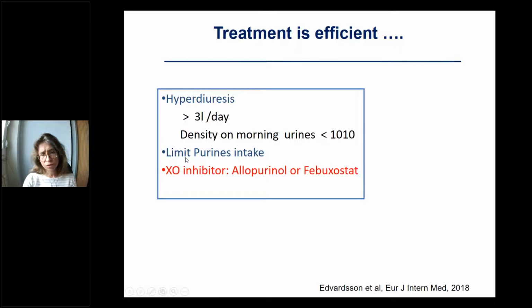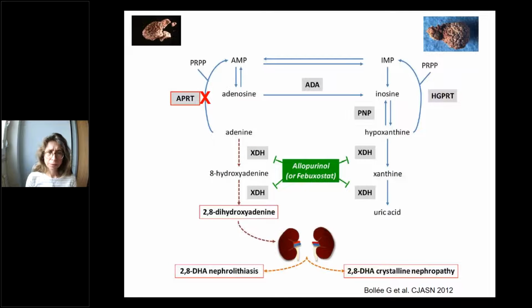Second step is to try to limit a little bit the purines intake. And then the pharmacological treatment is allopurinol, and maybe more recently, but more active, is febuxostat. Why? We can go back to our schema.